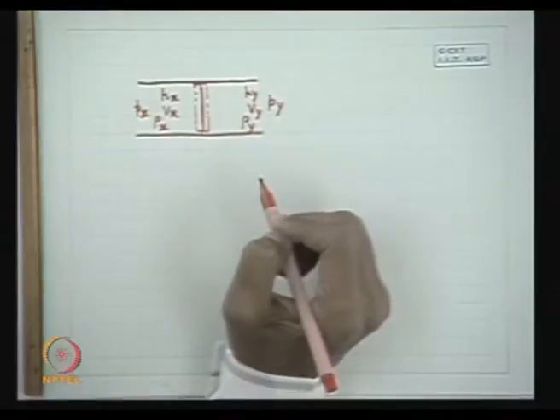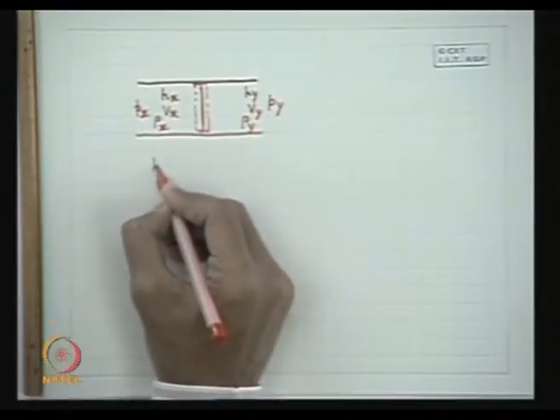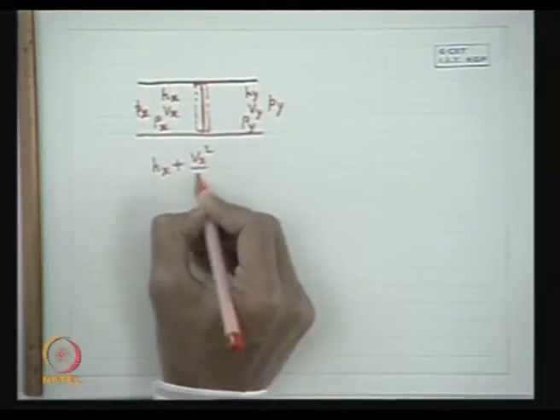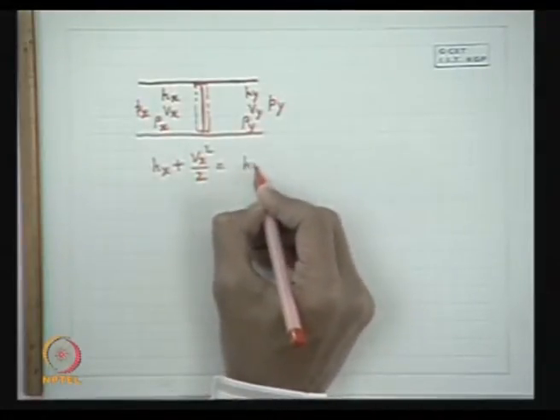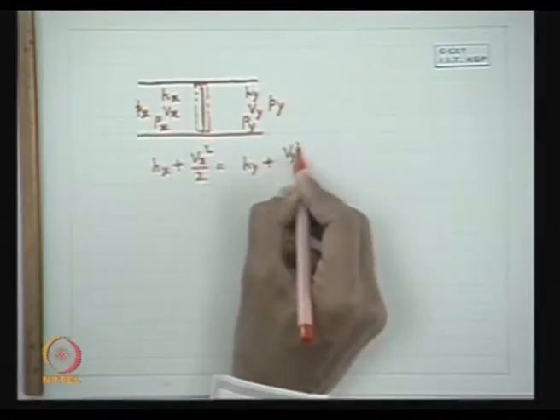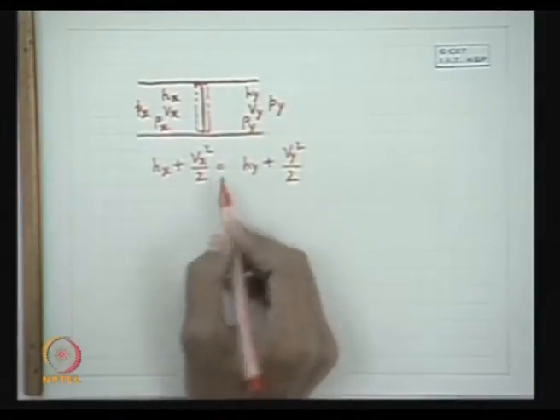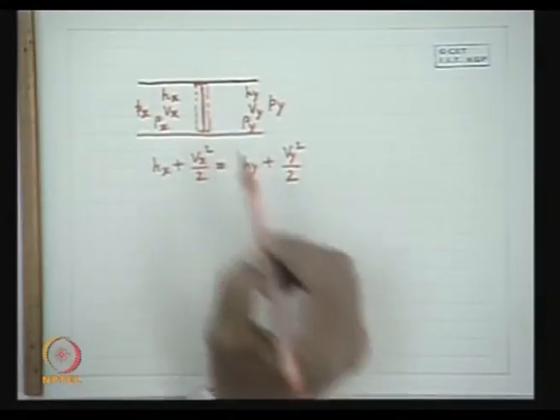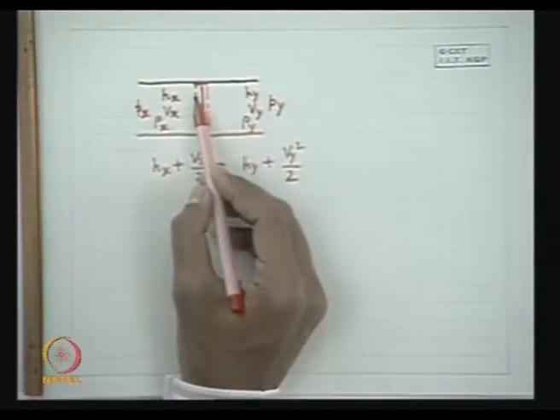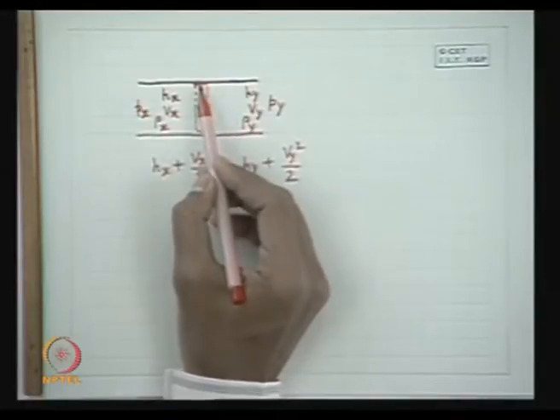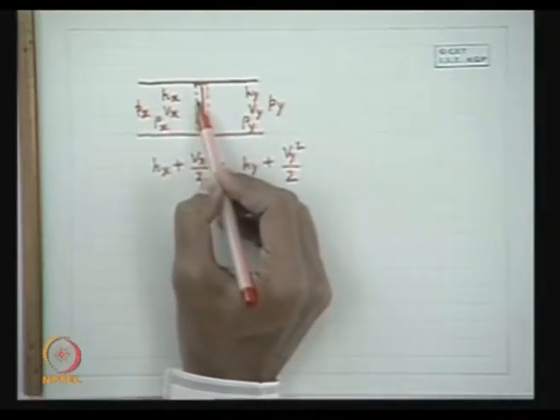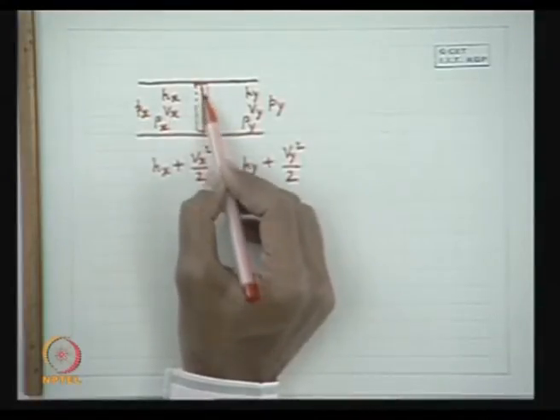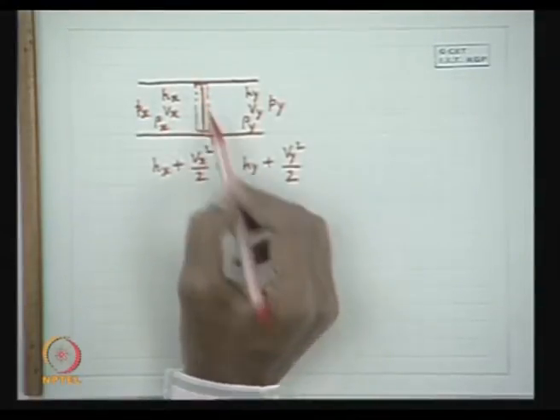Now, if we write the energy equation for a control volume enveloping this shock, we can write that Hx plus Vx square by 2 is equal to Hy plus Vy square by 2. Writing the energy equation in this form assumes that in the control volume there is no heat transfer. Actually, this takes place very rapidly, and we can consider this process, through which the property changes across a very thin shock wave, as adiabatic.